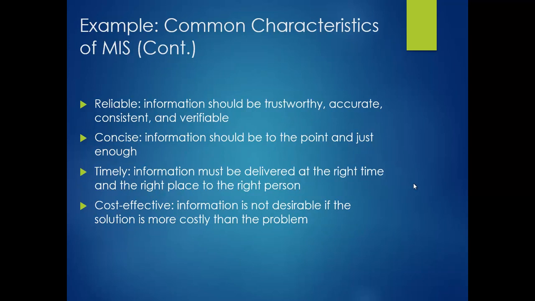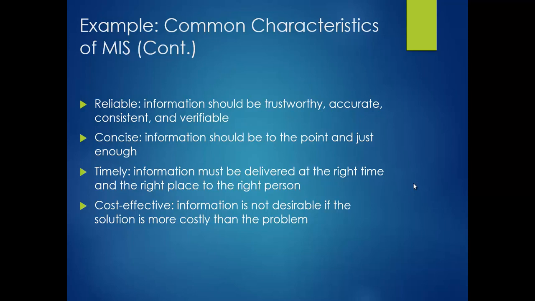Also, we need a system that is reliable, that is trustworthy, accurate, consistent, and verifiable. We need concise information, which is information that is just for my study or my research area.